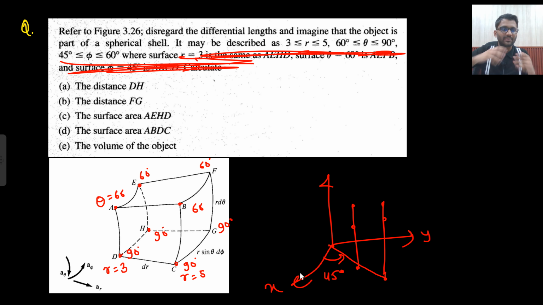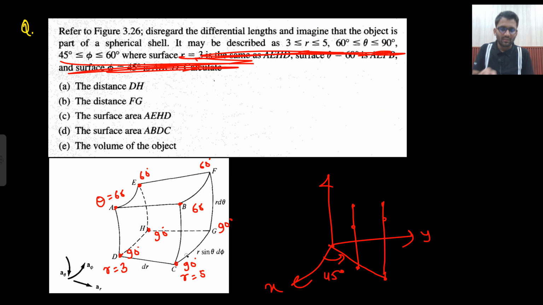If they show the complete spherical shell, then you can think on your own which one will be lesser phi, which one will be more phi. So here these will be lesser phi, right? And these will be more phi. Because if you take the projection of this point, it will come here. It will make angle this much, it will make angle this much. So that will be more, right? So same goes here.